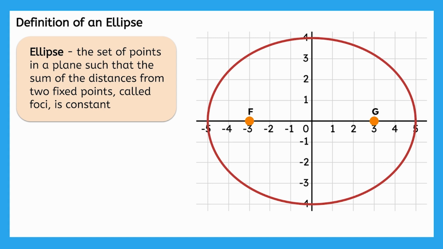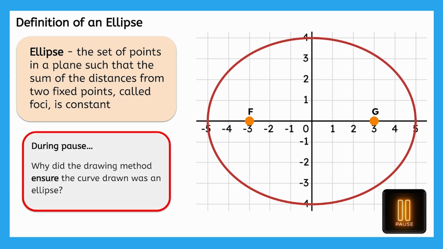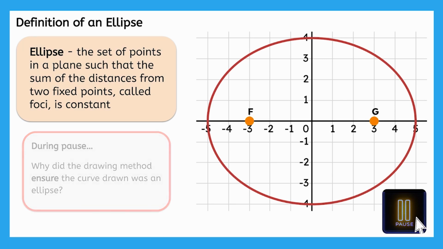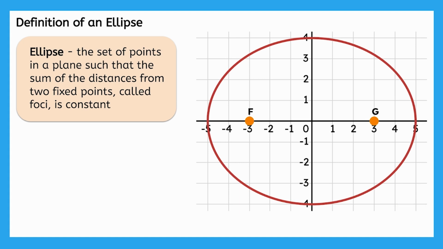Now, think back to how we drew this ellipse with the pins and the string. In your guided notes, write an explanation for why you think this method ensured the curve drawn was an ellipse. Pause the video now. Let's picture when the pencil tip was at this other point, P. How do we know for sure PF plus PG also equals 10 here?